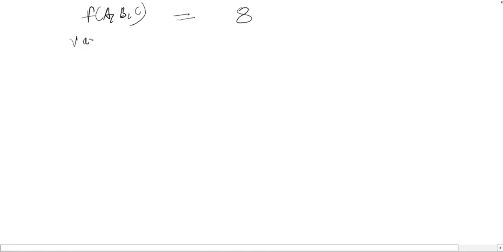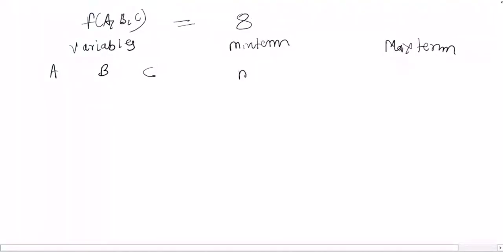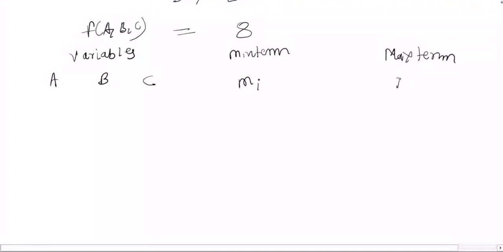Now the variables are A, B and C. The representation as a minterm and the maxterm: what notation is used here? Minterms are represented as small m i, and maxterms are represented as capital M i.